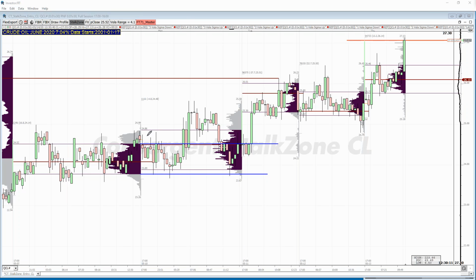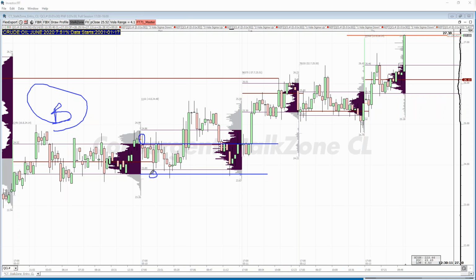We can see that the market is attempting to get above value but is unable to. It opened in value, and because the prior day is a balanced day, this is balanced. Important concept: because it's a balance day and it opened inside the balance, we expect to fade the value area high, and we expect the market to at least respect the value area low.